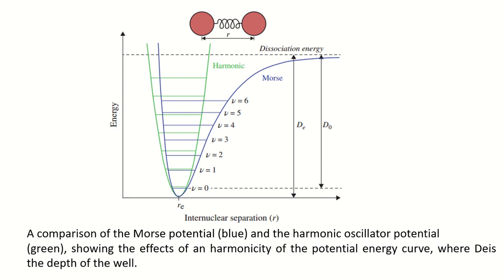It is a comparison of the Morse potential, in blue, and the harmonic oscillator potential, in green, showing the effects of anharmonicity of the potential energy curve at the bottom of the well.